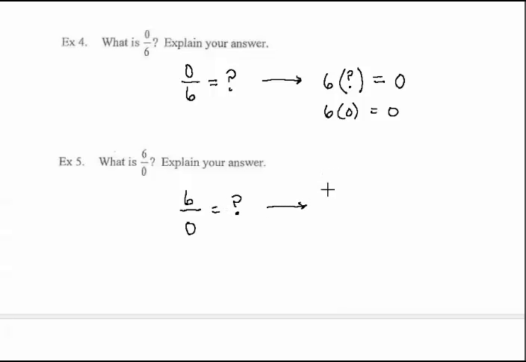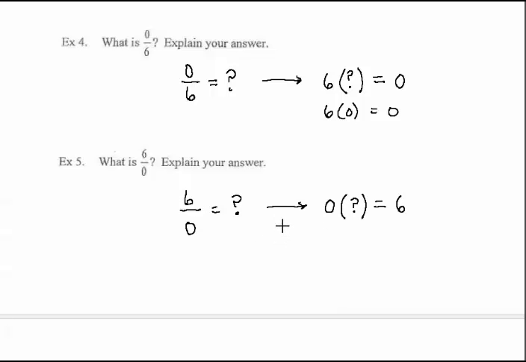We go over to the right and we say, if we take 0, the numerator, just like we took the 6 and wrote it first, and we multiply it by this result, some number, and when we multiply those two together, we want to get the numerator, the 6. Okay, if we can find this number, then we know the answer to 6 divided by 0.